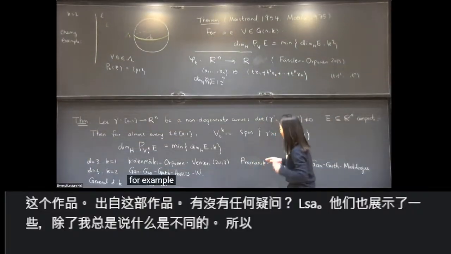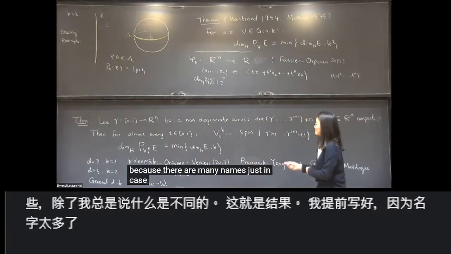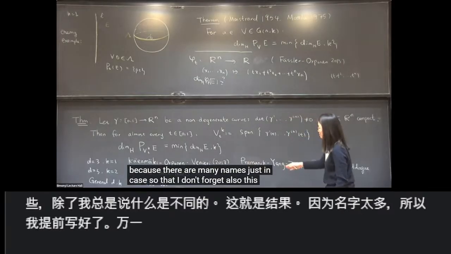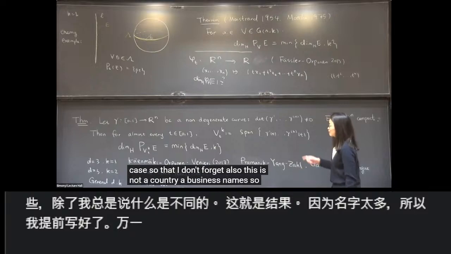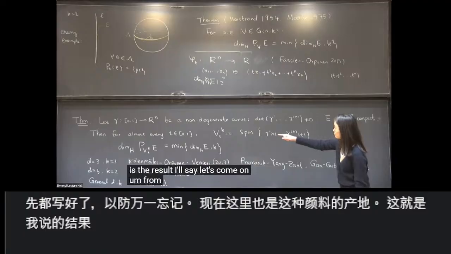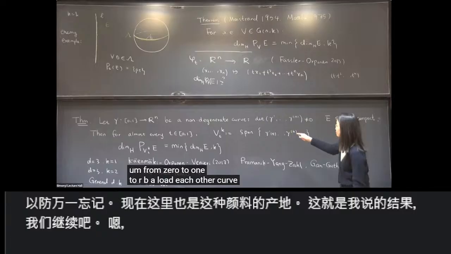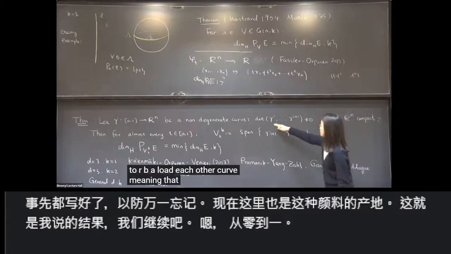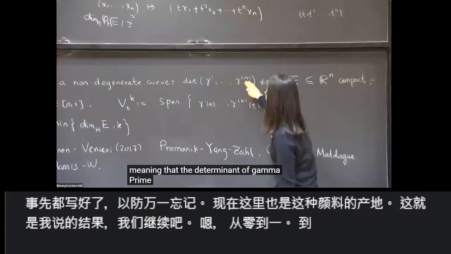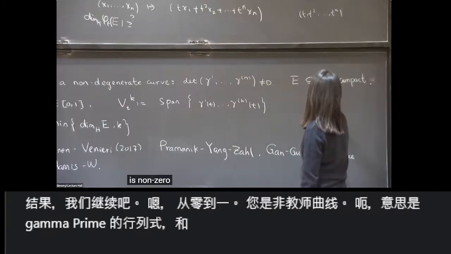This is the result. I wrote it beforehand because there are many names, so that I don't forget. Also, this is not a complete list of names. Let gamma from [0,1] to R^n be a non-degenerate curve, meaning that the determinant of gamma prime up to gamma to the n is non-zero.